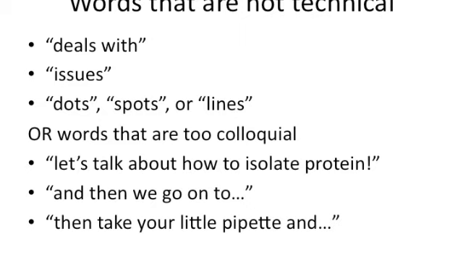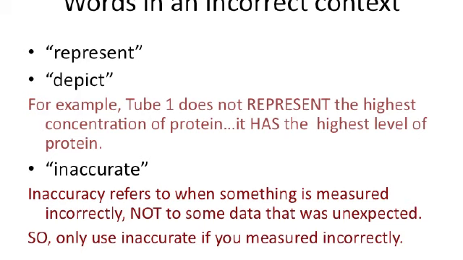Finally, we want to avoid words that are in an incorrect context. There's some words, like the word represent, that are used colloquially very differently than they are used in a lab report. In a lab report, the words represent and depict are ways to say that something stands in for something else. So when you say represent, it has to be that this diagram represents what we think happened in the test tube, right?